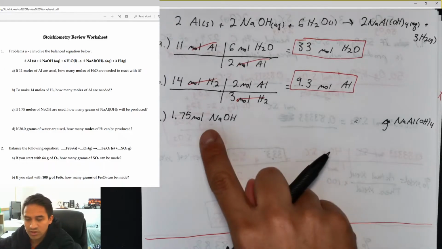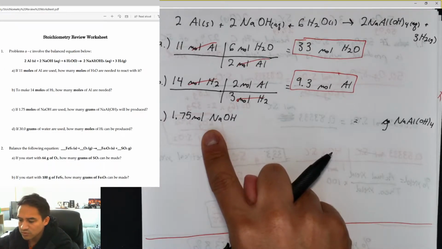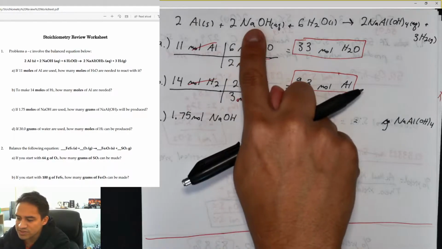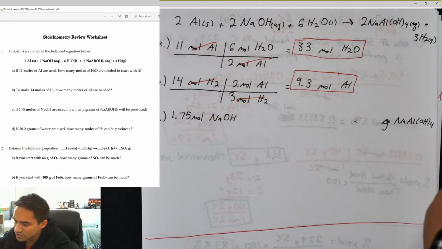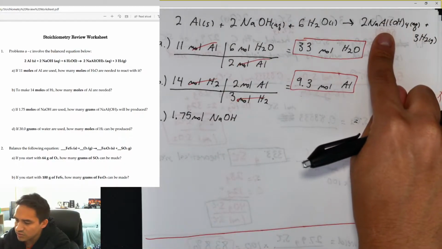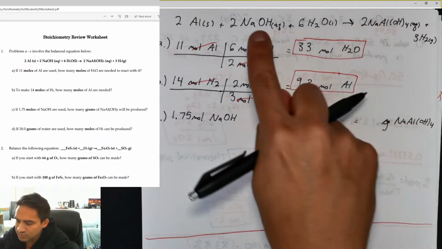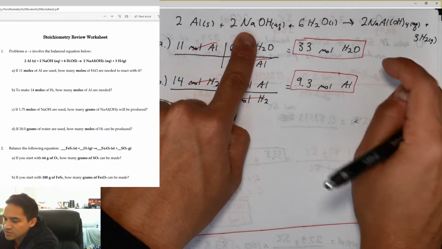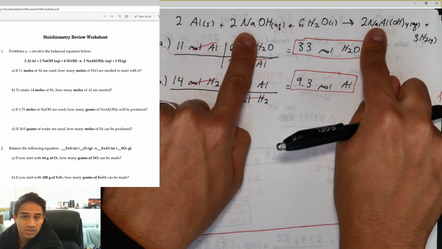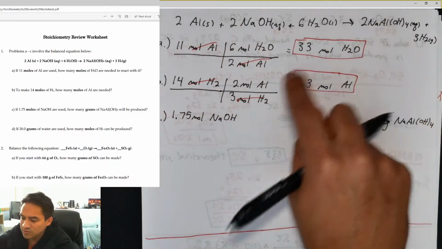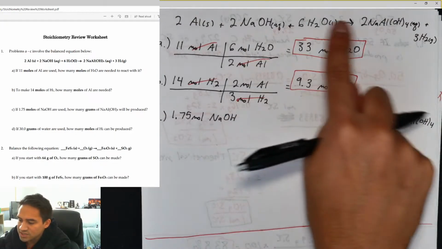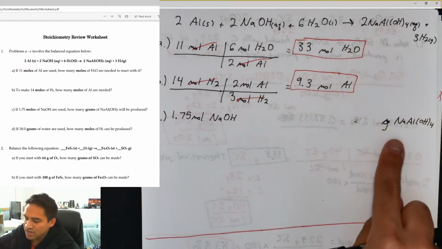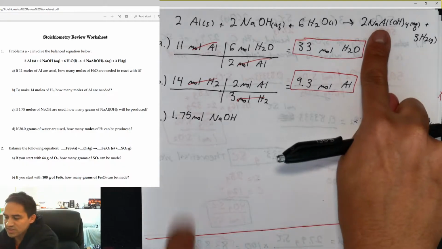In this problem, we are in moles. So first step is we're going to go from moles of NaOH to moles of NaAlOH4 using the mole ratios. The nice thing is they are a 2 to 2, or a 1 to 1 ratio. So the number of moles of NaOH is actually the same number of moles of NaAlOH4 because they have the same ratio.